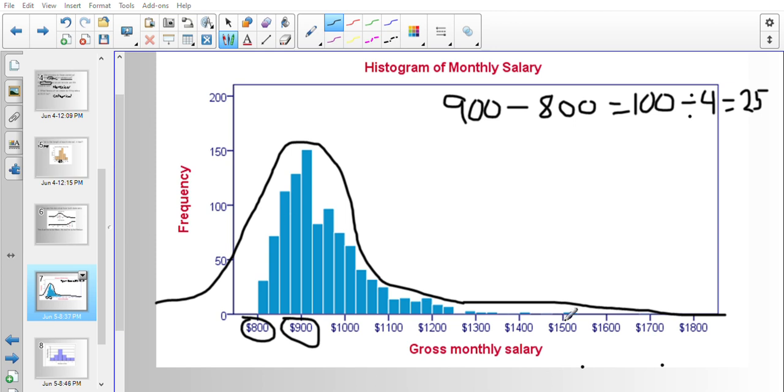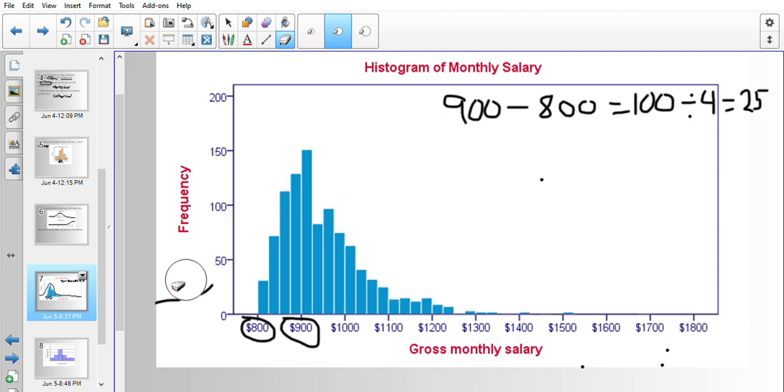Okay, the minimum, well, what's the minimum? It's about 800. Okay, and the maximum, well, where's the maximum value here? Okay, the maximum value, I'm going to erase this just so we can see a little bit better. The maximum value isn't 1800. The maximum salary looks to be about 1500, right?